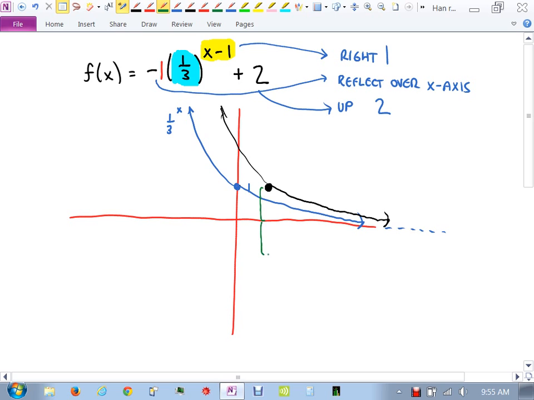I'm just going to move that down 1 unit down here. It was up 1, now it's below 1. Every point, whatever distance it is, bring it over to the other side. Every single point, same distance. And what you get is something that looks like this.